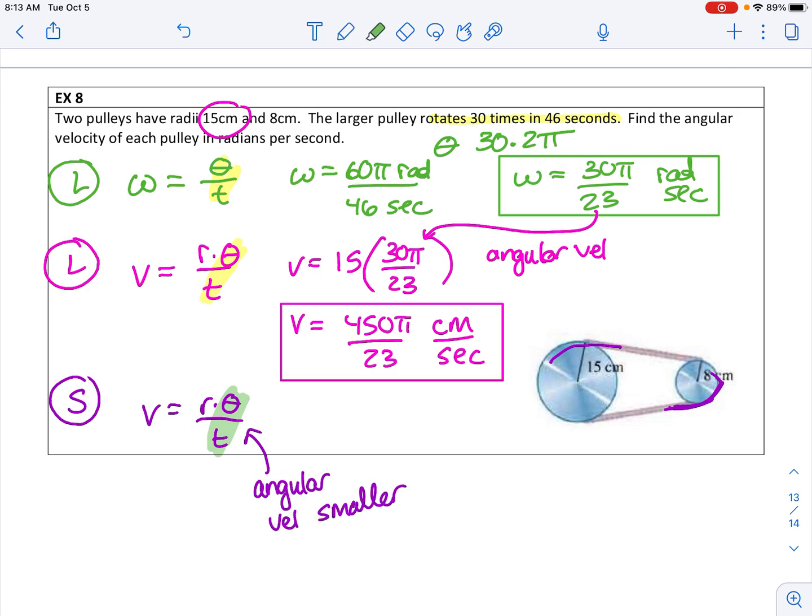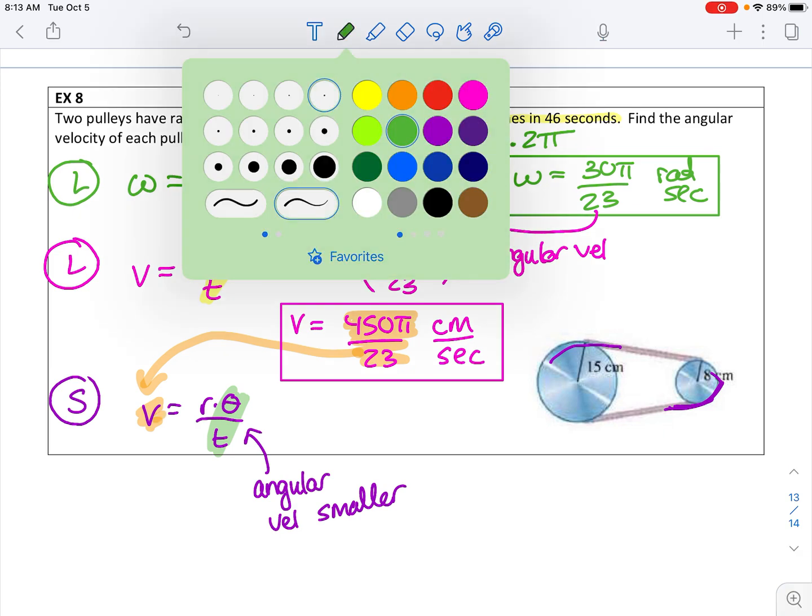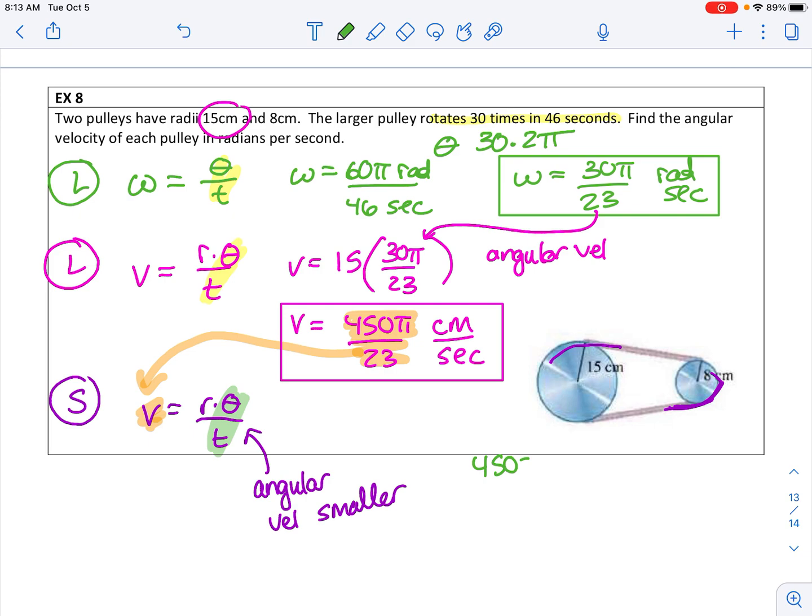And what we use is the linear velocity of our larger one, which drives that smaller one. So we're going to plug in our 450 pi over 23 for our v, our linear velocity. Then our r for the smaller one is 8. And we're looking for our theta over time, which really is our angular velocity.